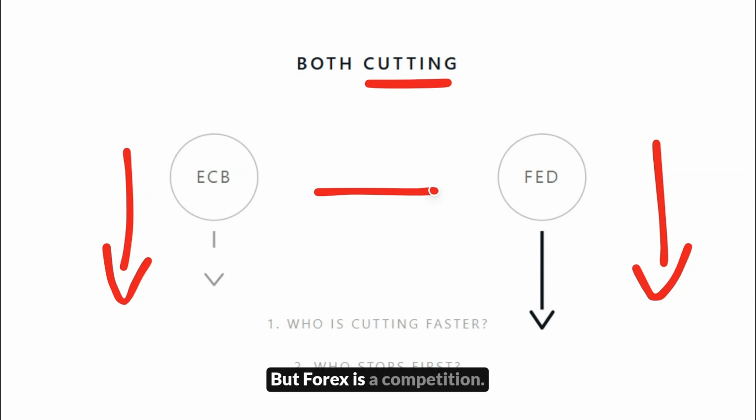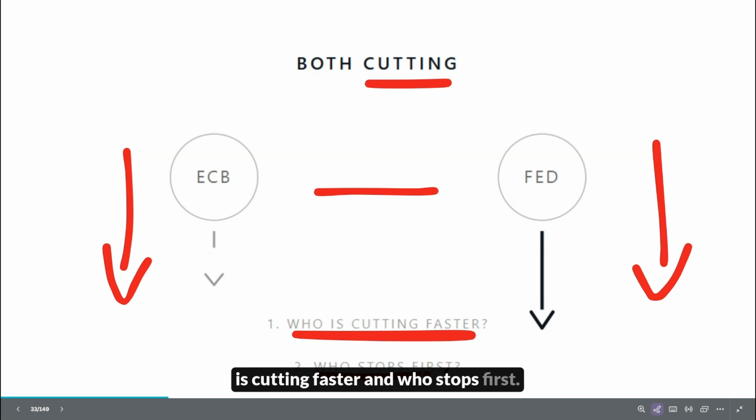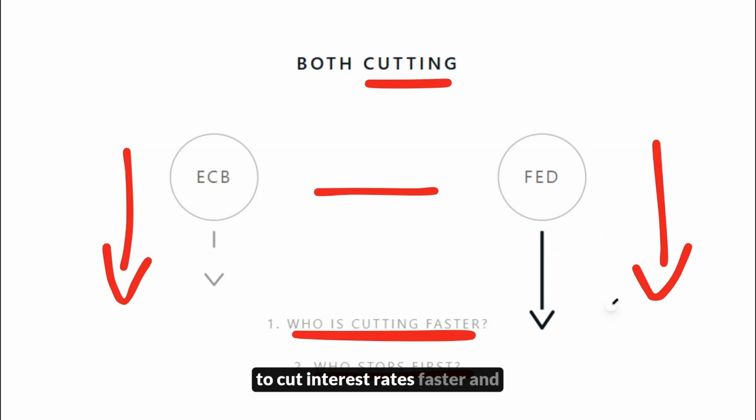But Forex is a competition. So you could argue essentially who is cutting faster and who stops first. So who has the best conditions to cut interest rates faster and who has the least conditions to cut interest rates faster. It's getting a little complex here, but follow me through because it's gonna make a lot of sense throughout the video.